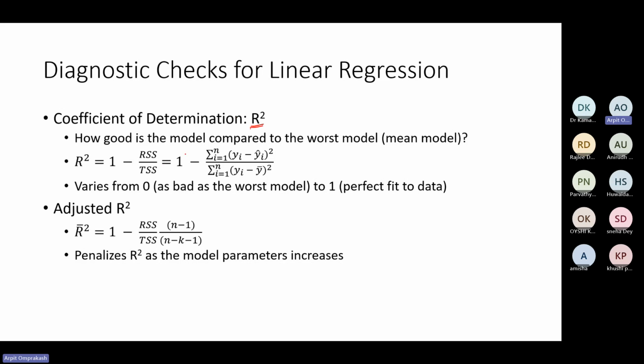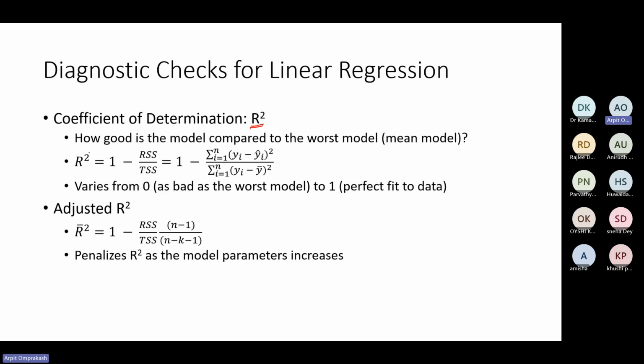R square compares how good a given linear regression model is compared to the worst model that we can think of. And the worst model that we can think of in general is the mean model, where we assume that there is no relationship between x and y, and all the y values should have been a constant value, but there is some variation due to some experimental error or something.